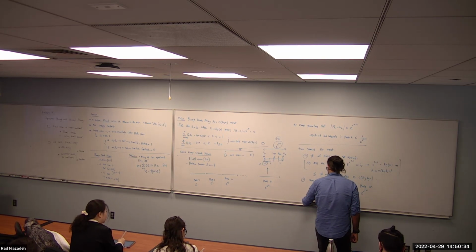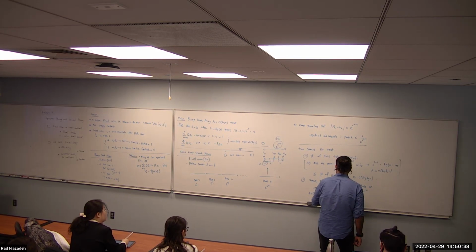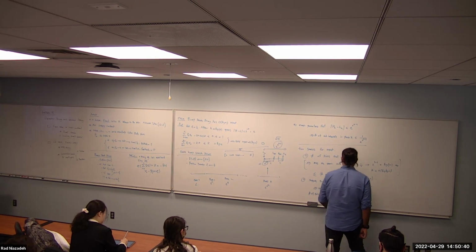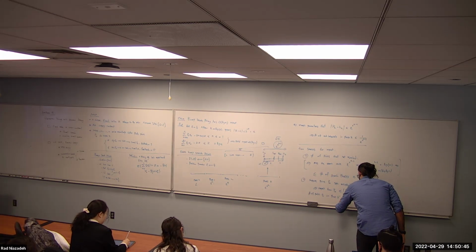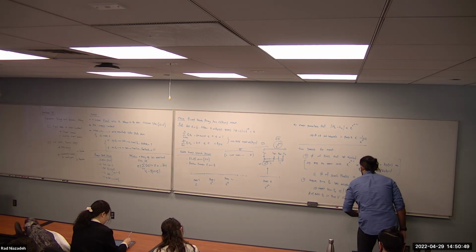Number of prices in phase K prime, because of this, is at most 1 over epsilon to the power 2 to the power K prime minus 1.